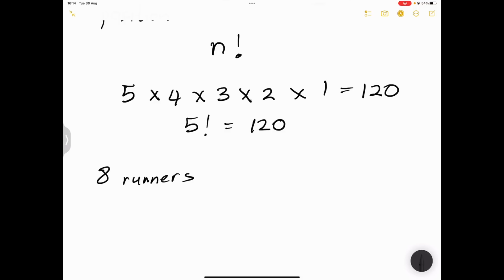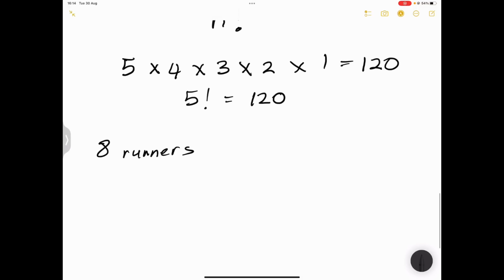We would say, look, we know that there's 8 factorial ways in which we can achieve that, but in this case, remember, we only have 3 positions.